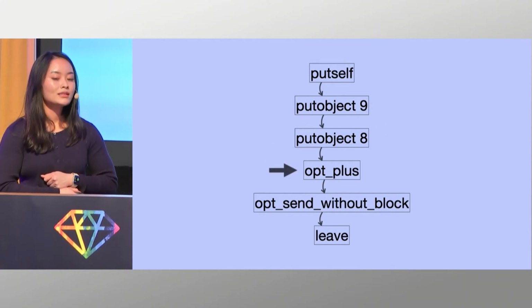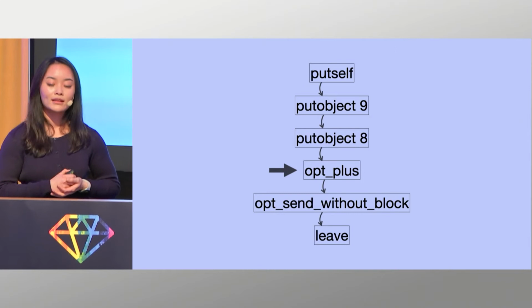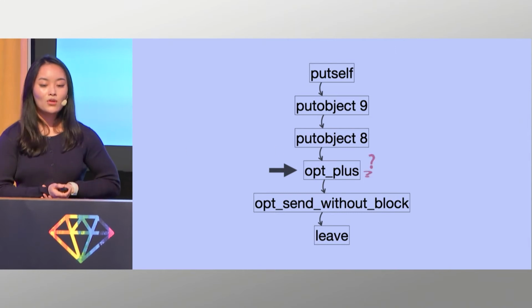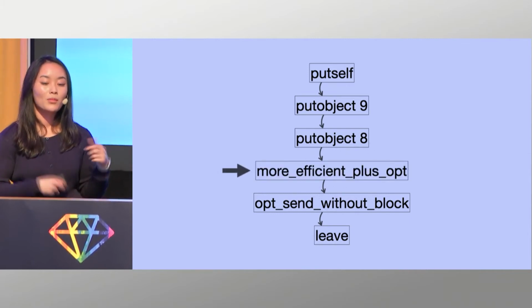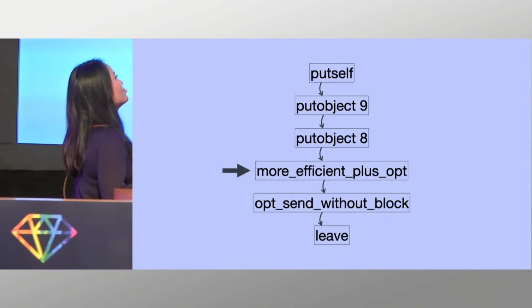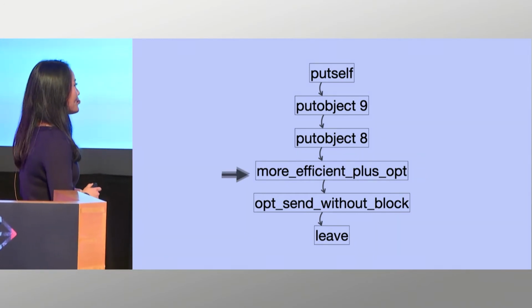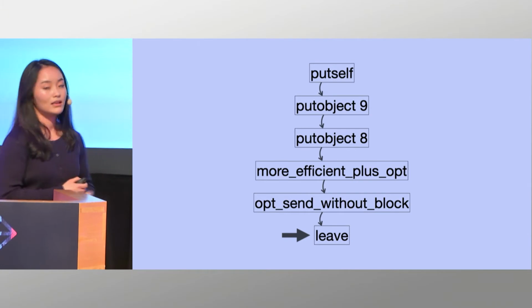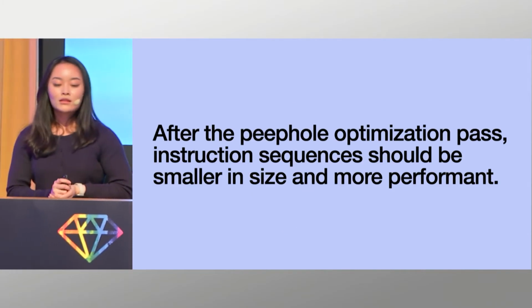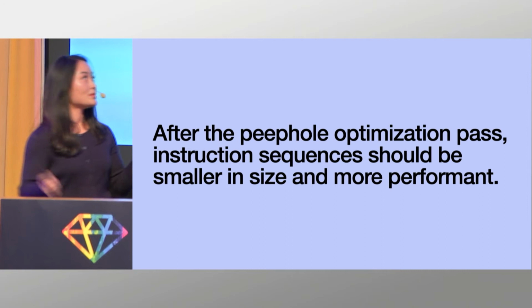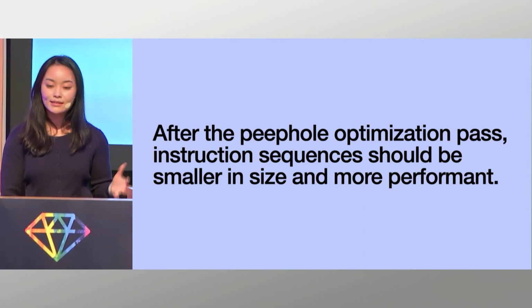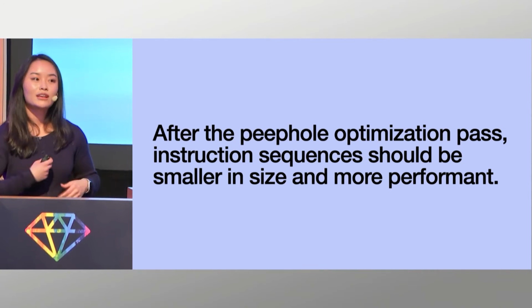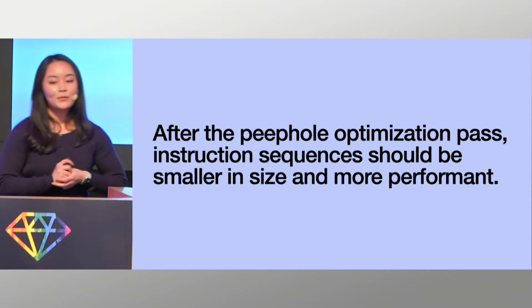When it reaches an instruction that is the optimization case, what we do is ask whether it matches, and if it matches, we replace it with a more efficient instruction. And then we move on. So essentially, that's how Ruby implements peephole optimization. So after the peephole optimization pass, the instruction sequences should be smaller in size and also more performant. And you'll kind of see what I mean in just a second.